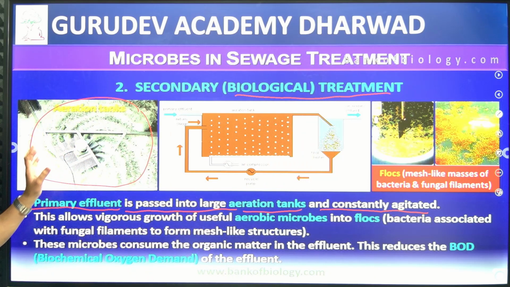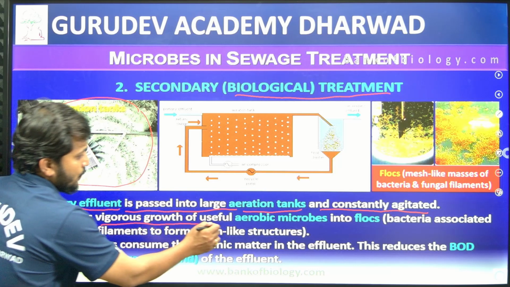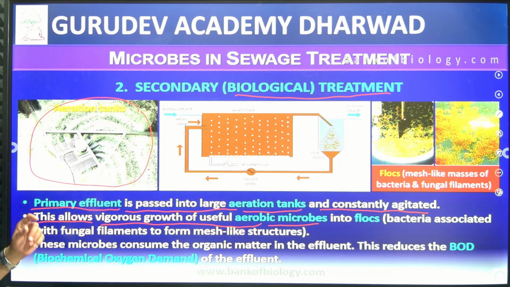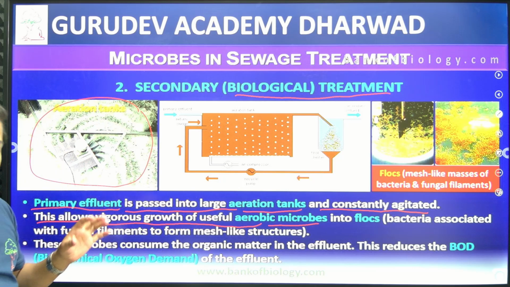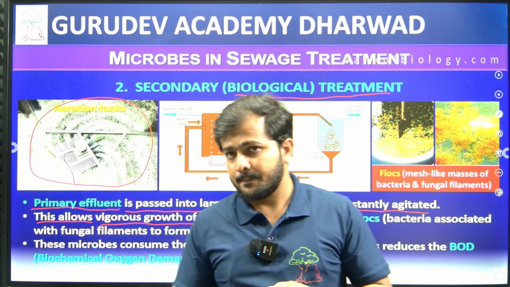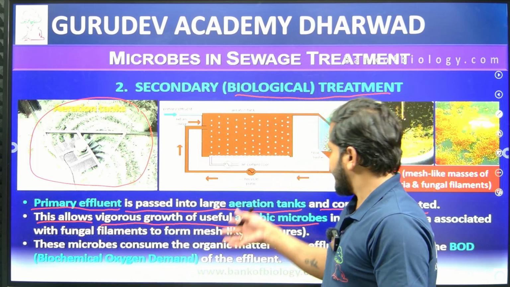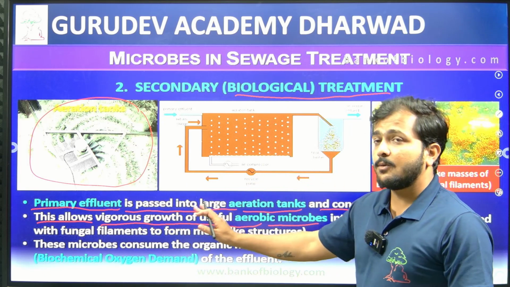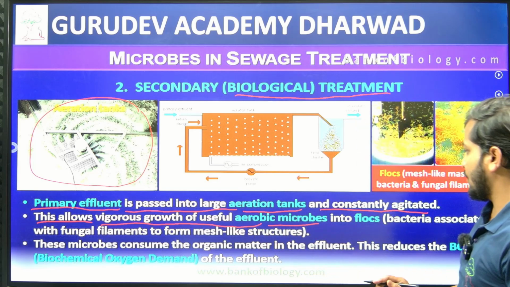After the agitation, this allows vigorous growth of useful aerobic microbes, right? The primary effluent that is passed into the aeration tank is aerated, and with that aeration you will find a large growth of aerobic microbes.